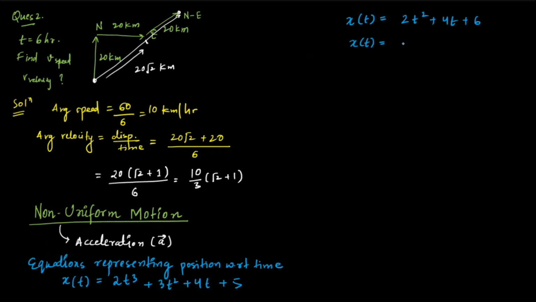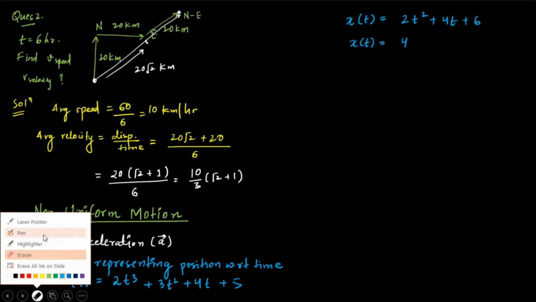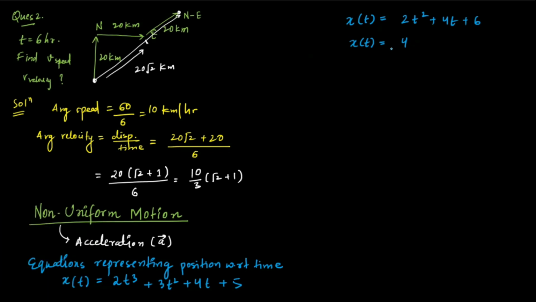Similarly, we can also witness x equals 4t plus 5. So it doesn't depend upon what power of the time the equation is there. Every equation is possible. Or it can also be represented by simply t. It can also be the equation of position of a particle with respect to time.